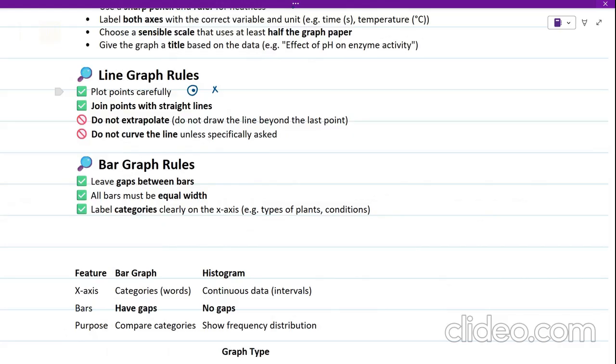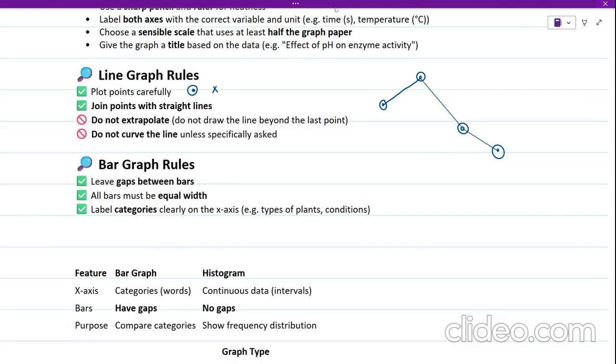Do not use a curve. For example, if I have these points, this is one point, this is the other point, this is the third point, this is the fourth point, I am just joining them with ruled lines, not with a curve. Most students just draw a curve like this. A curve is not allowed in biology graphs.